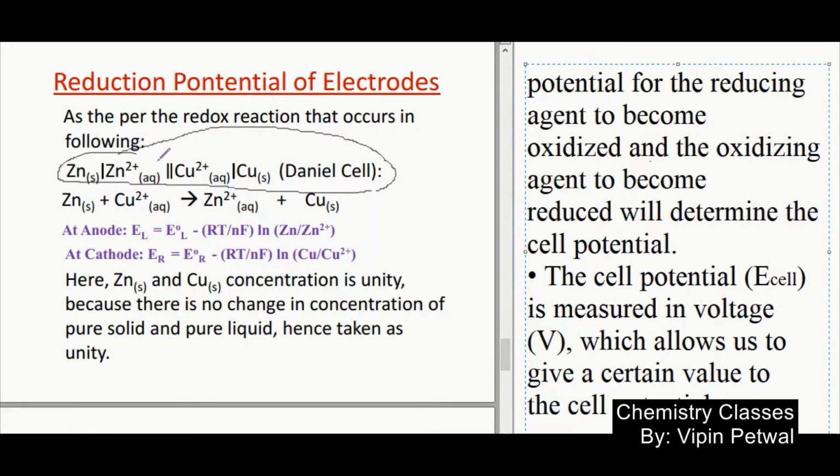With the help of this line notation we can understand that which galvanic cell or electrochemical cell we are talking about. So here this is what? Daniell cell.